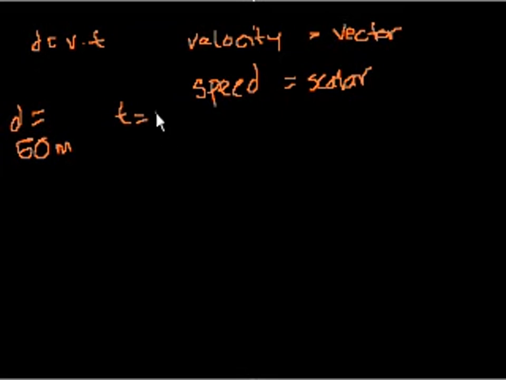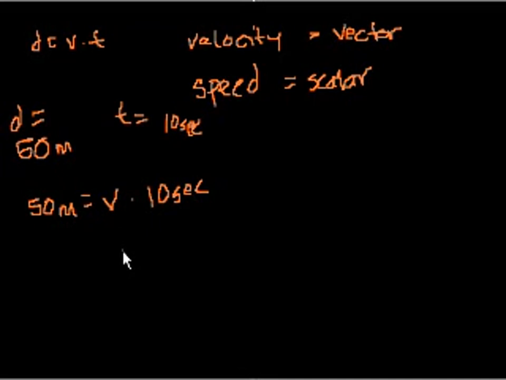Let's say the time is 10 seconds. So if we use that formula, we have 50 meters is equal to velocity times 10 seconds. So this is a pretty simple algebra equation. If we want to solve for velocity, we just divide both sides of this equation by 10 seconds.